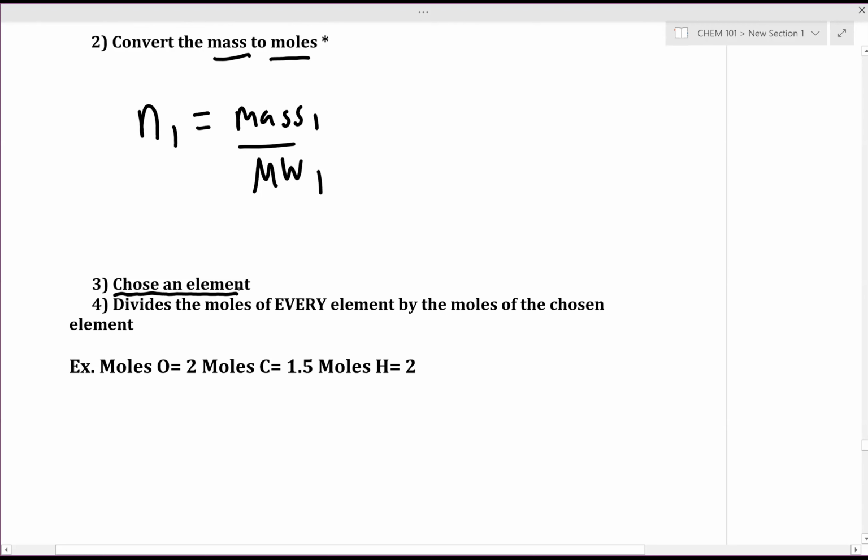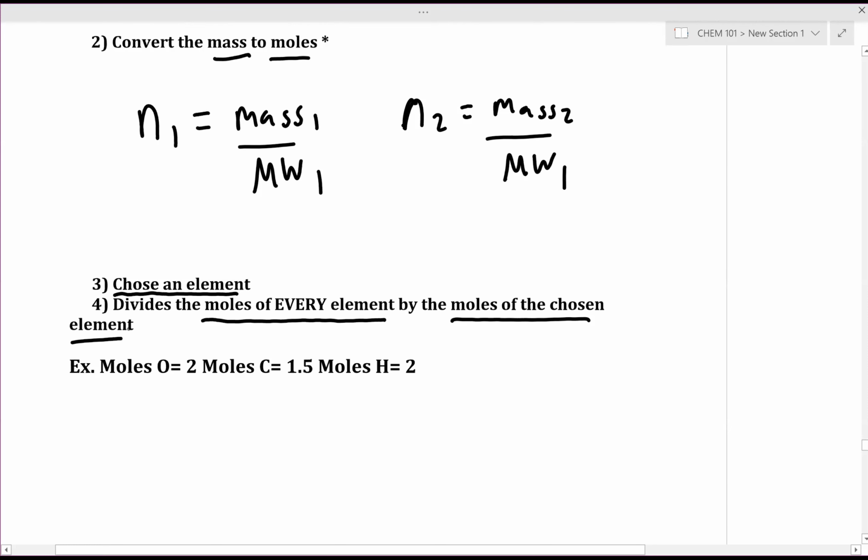So for example, let's suppose we have 2 different elements at play and we've calculated the moles for each. You have your mole values on your piece of paper, and your goal now is to pick an element. You pick whatever one you want, it doesn't matter, and you're going to divide the moles of every element by the moles of the chosen element.